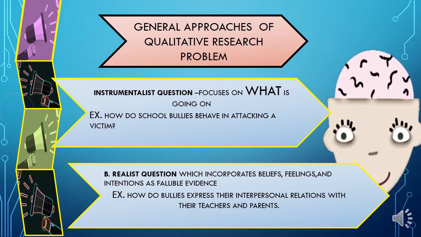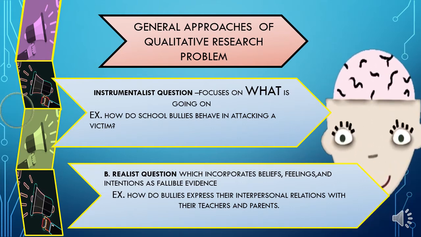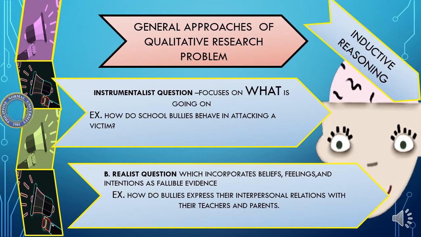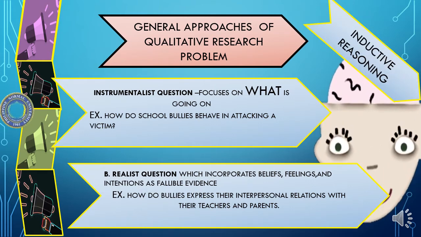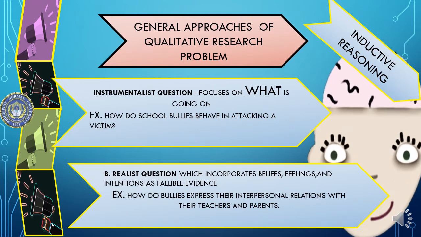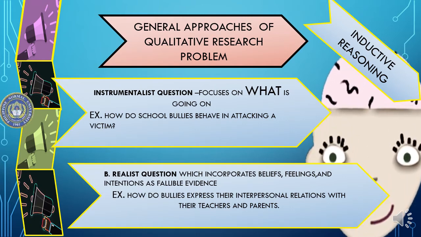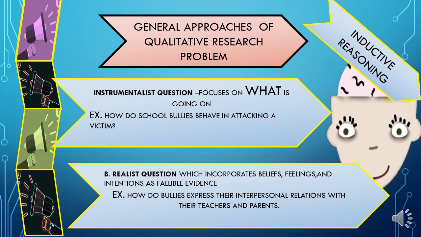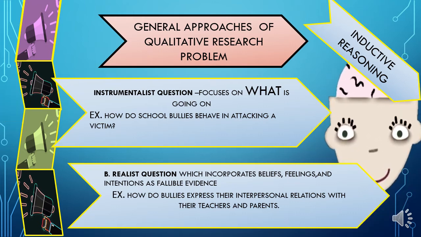Example, how do bullies express their interpersonal relationships with their teachers and parents? And remember, when we are going to craft a research problem or research statement in qualitative research, it should be inductive. Inductive reasoning is well applied. You begin from specific and then to general.